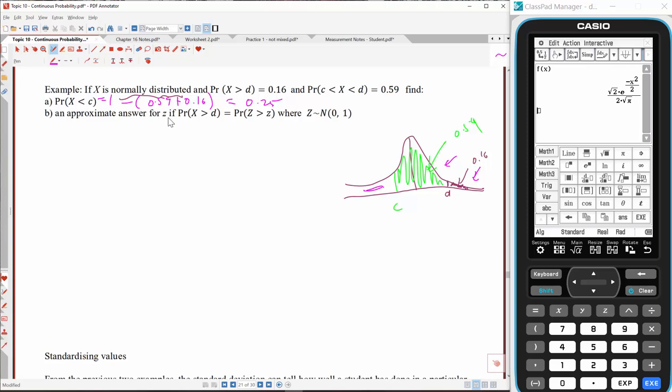Find an approximate answer for Z if the probability that the random variable is greater than D, so on this curve, I know that the probability the random variable is greater than D is 0.16. We want to know when that would happen. For what value of Z would that happen here on the standard normal distribution curve? Remember, that's what we're talking about there, Z. Z is the standard normal distribution, and there it is, it's defined.